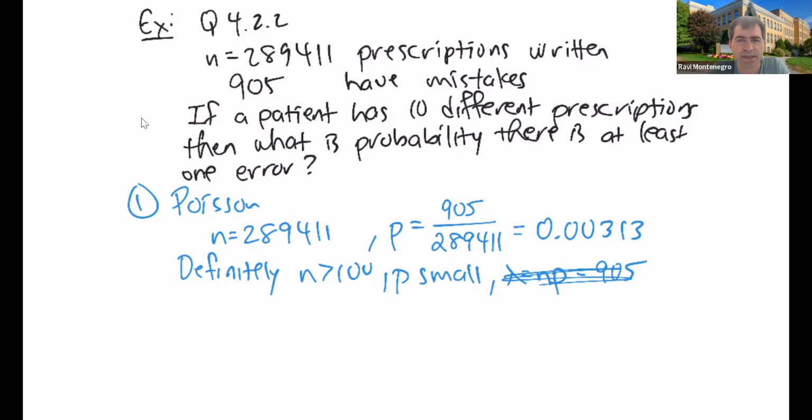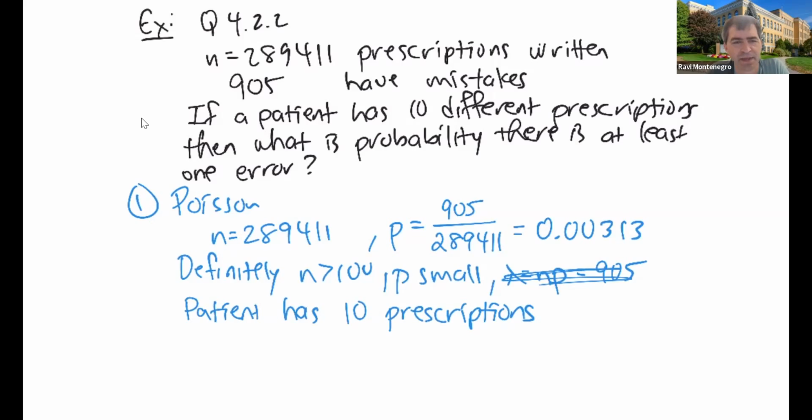So this says the patient has 10 different prescriptions. So what we're looking at here is not quite what it seems.